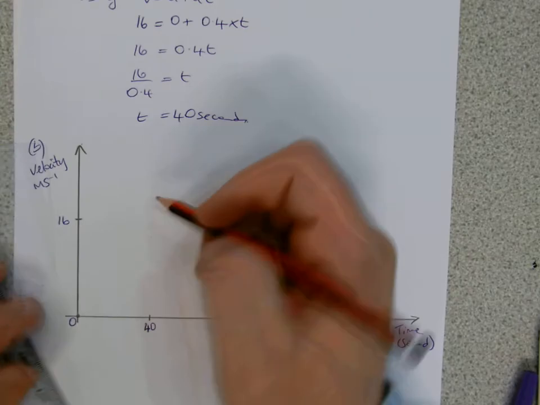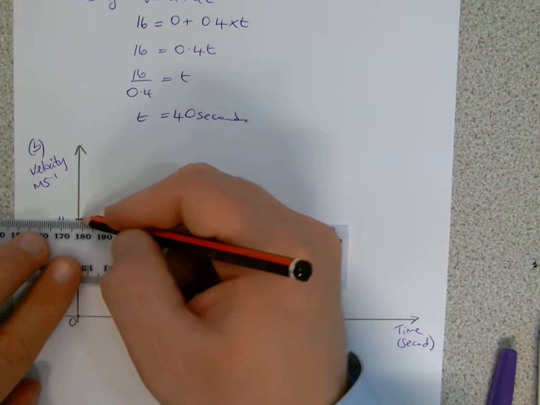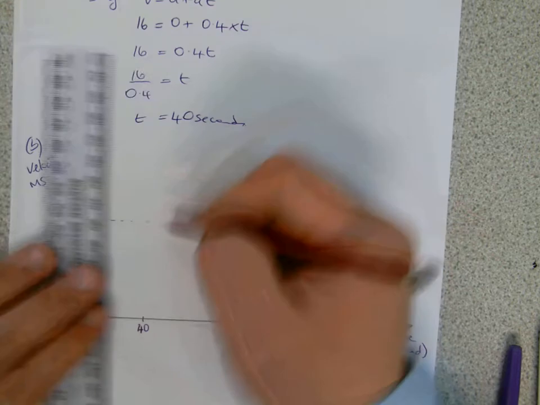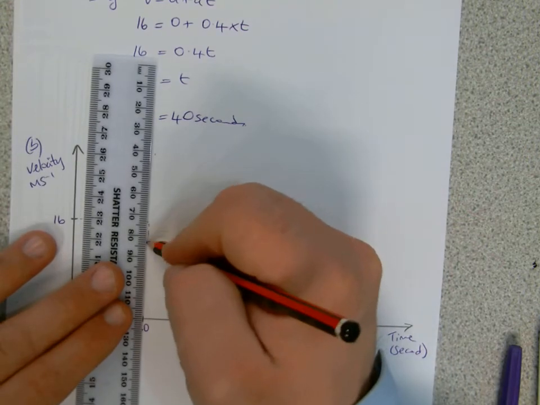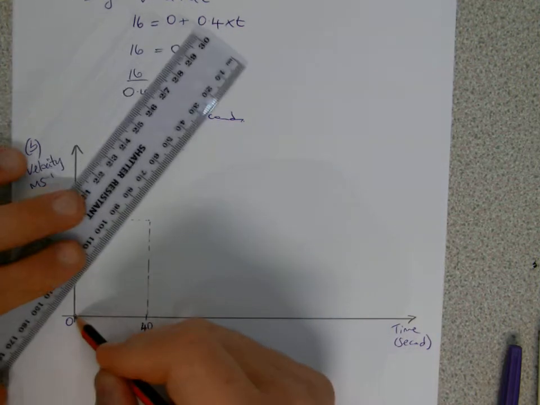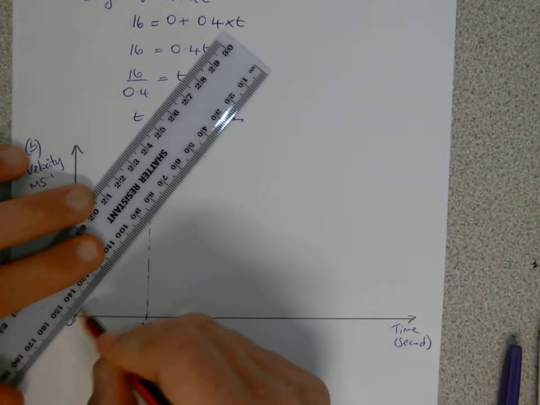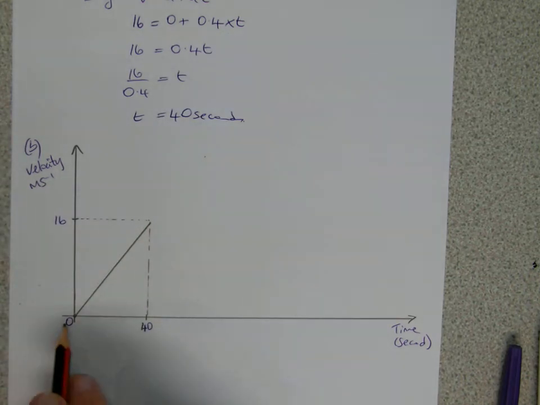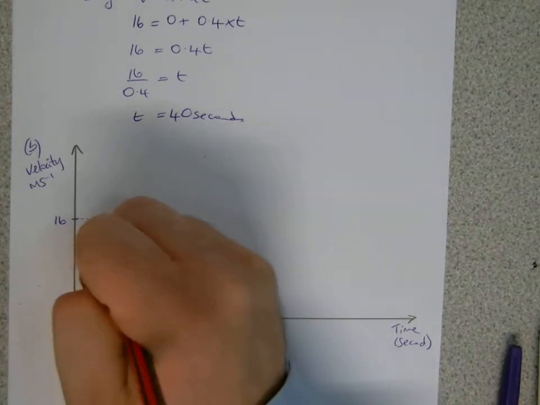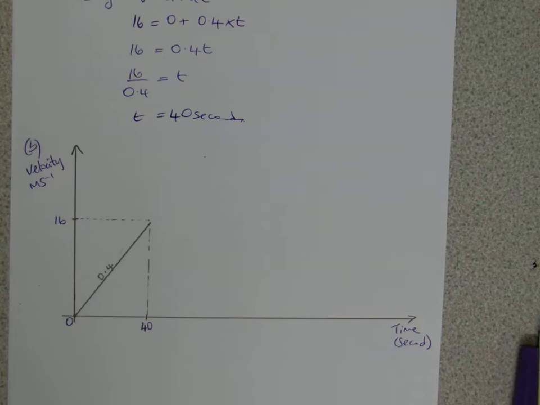Maybe we'll draw a broken line across here just to identify where our point needs to be for our curve, and a broken line down to 40. Then my straight line showing the acceleration from time equals 0 to time equals 40 seconds shows the speed increasing to 16 meters per second. Sometimes I like to write the acceleration here to show the rate it's accelerating at, which is the gradient of the line. So it reaches the speed of 16.